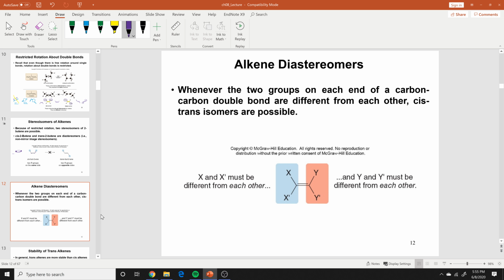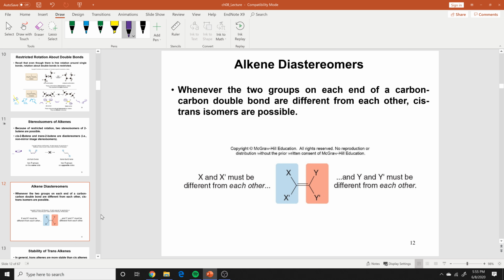So the rule for cis and trans in alkenes: X and Y normally can be the same or they can be different. It really doesn't matter whenever they are on adjacent carbons.